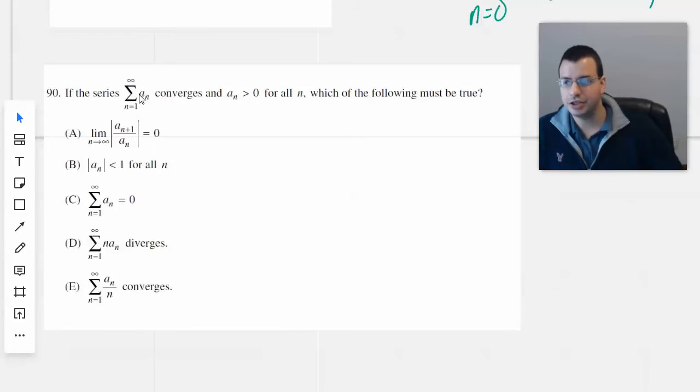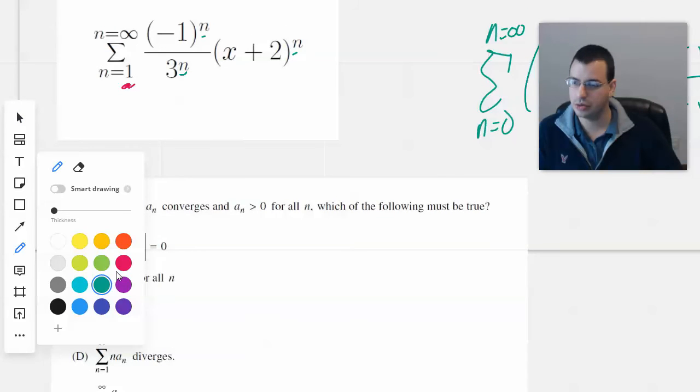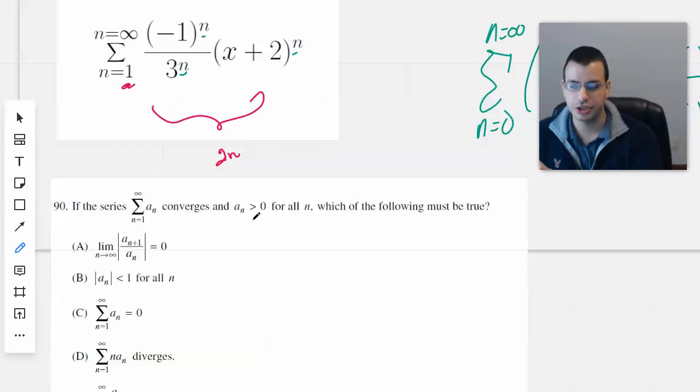If the series, summation n equals 1 to infinity of a n, converges, okay, so they gave us that it converges, and a n is greater than 0. So they're saying it does not alternate.